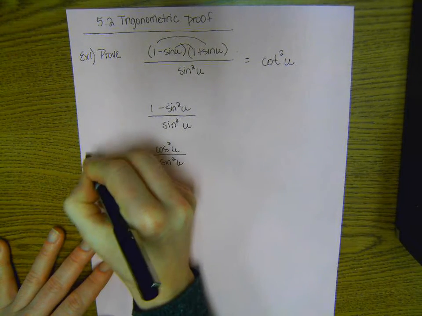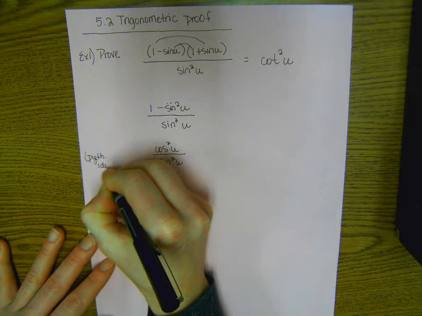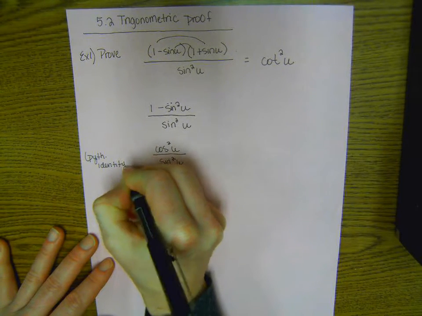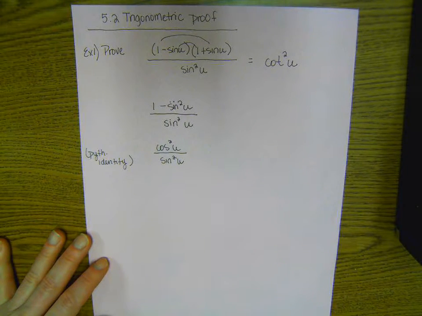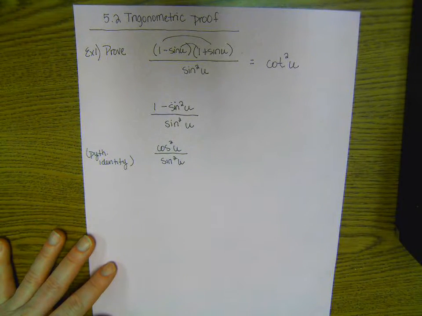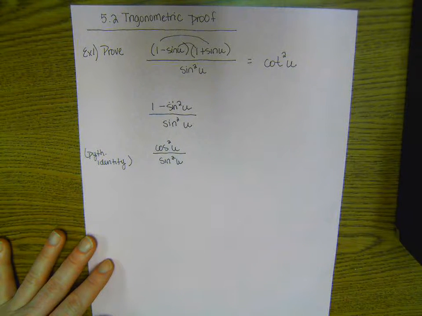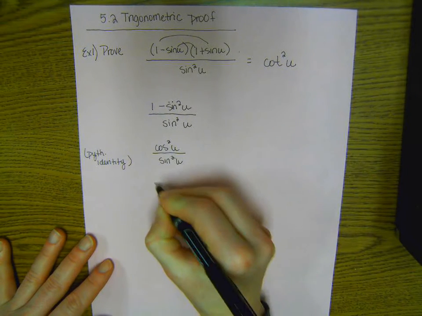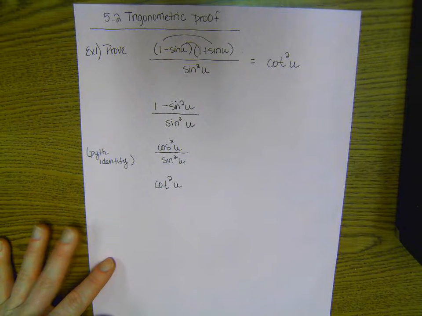And what did we use? A Pythagorean identity. So we're going to just write that on the side there. It's my justification. And that's really all there is to it, because what's cosine squared u over sine squared u equal to? Cotangent squared. And what did we use to get there?